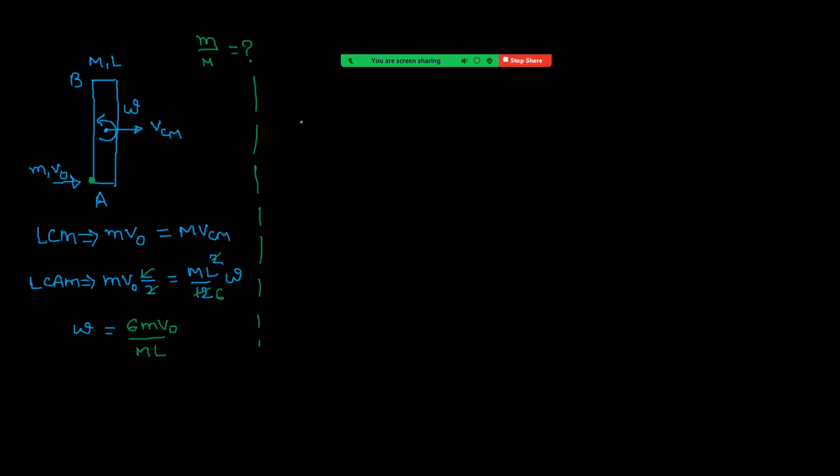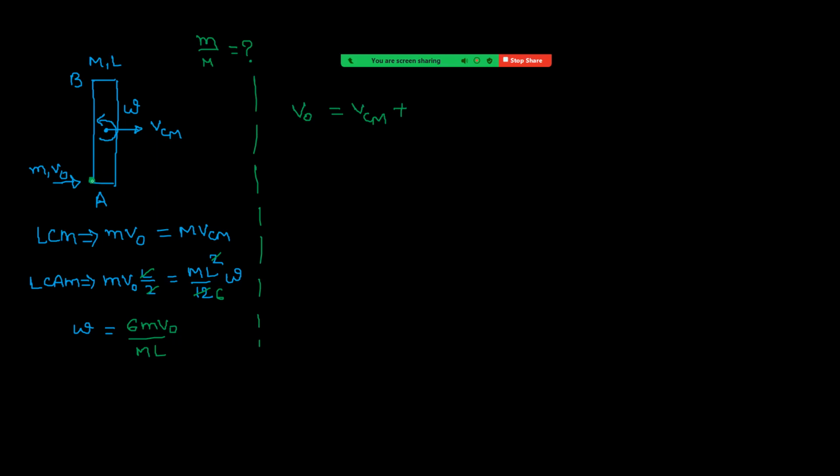Therefore, velocity of approach is V naught. That is equal to velocity of separation. After collision, the particle comes to rest, right? Now see for this point, velocity: because of translation, VCM, and because of rotation, this point follows a circular path.